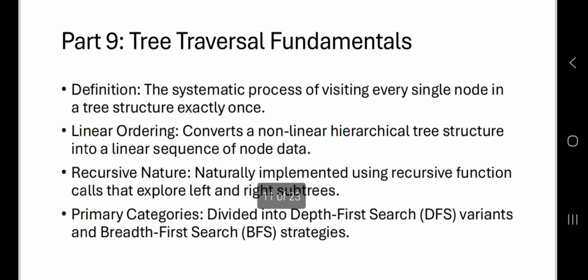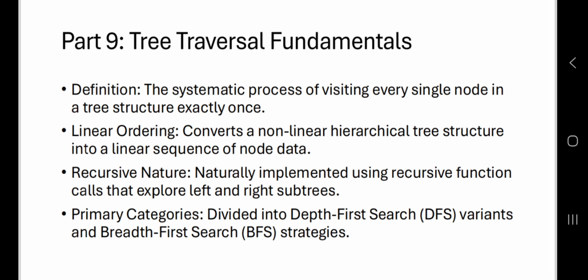Tree traversal fundamentals. Because trees are nonlinear, how do we visit every element? Through tree traversal. The traversal definition: the systematic process of visiting every single node in a tree structure exactly once.